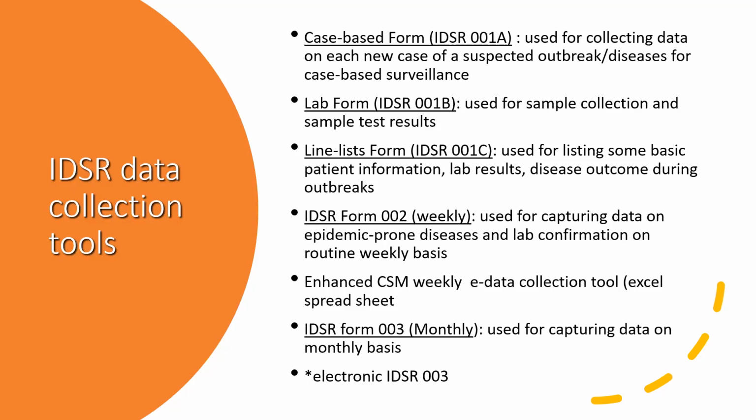If you are sending the sample to the lab for diagnosis, that same person will get a form 001B. But if, for example, there are 25 people in that community that you are suspecting may be infected by a particular disease, and you've given each of them 001A, plus or minus 001B, you will now put all their information in an 001C, in a tabular format. I hope that makes sense.